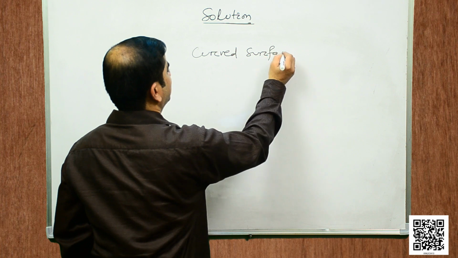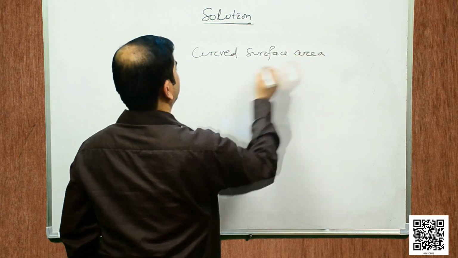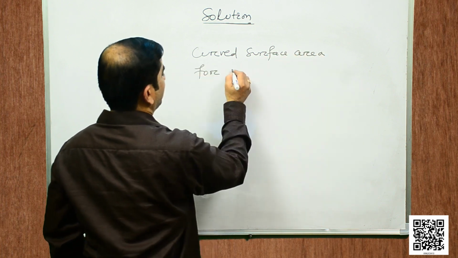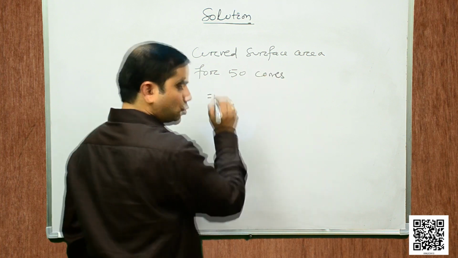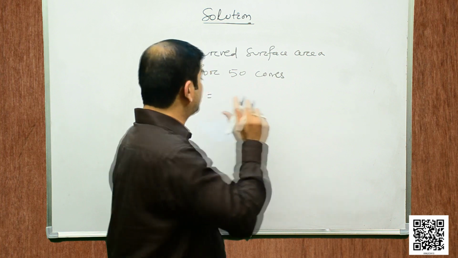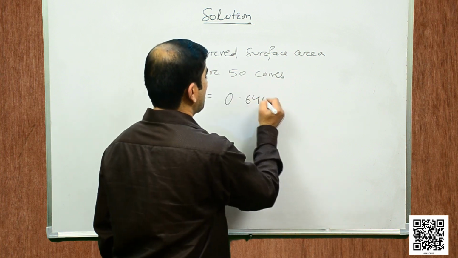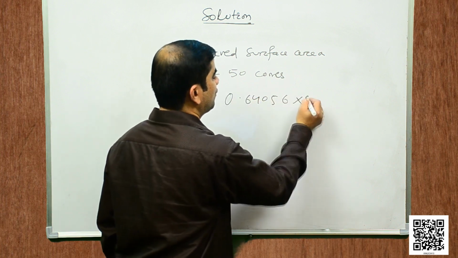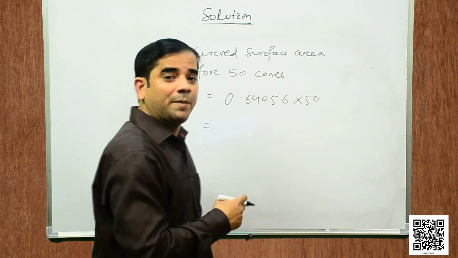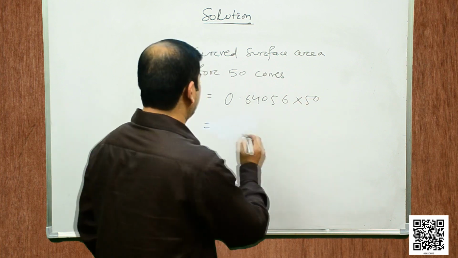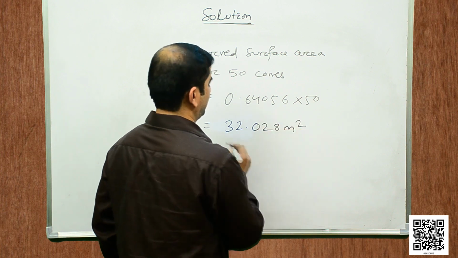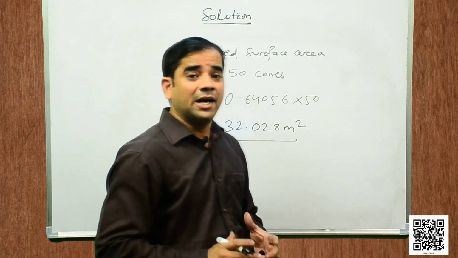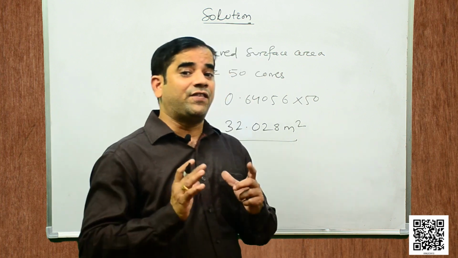Curved surface area for 50 cones is equal to 0.64056 into 50. This will be equal to 32.028 meter square. Fine. So this is the curved surface area for 50 cones.